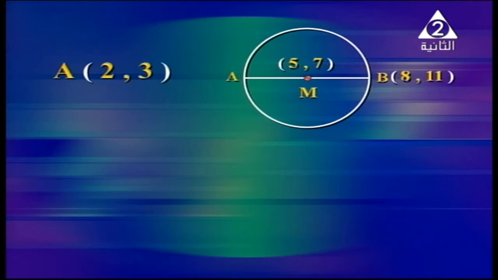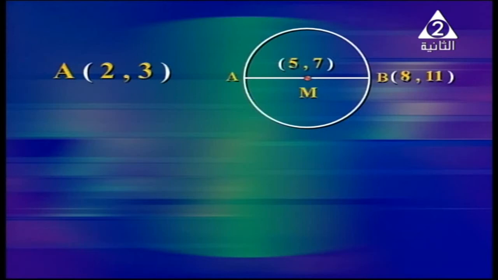Then what about the length of the radius? Yes, the radius will be either MA or MB. I prefer using MB in case you find the coordinates of the point A incorrect. So try to find the radius from MB as they are the 2 given points.